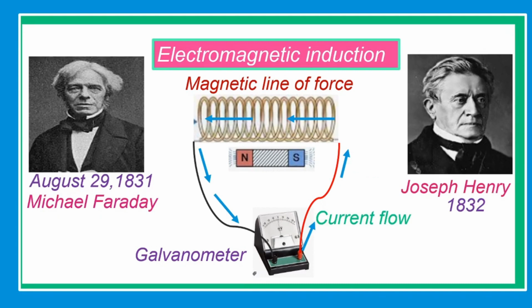Faraday was the first to publish the results of his experiments, on August 29, 1831. Michael Faraday was an English physicist who gave one of the most basic laws of electromagnetism, called Faraday's law of electromagnetic induction, while Joseph Henry was an American scientist.